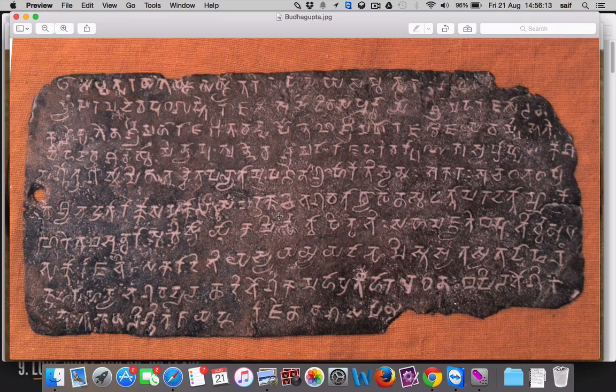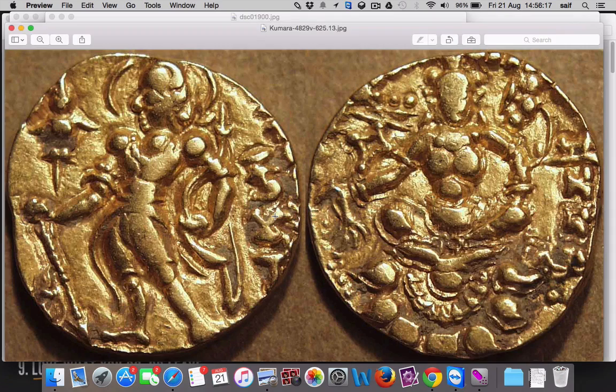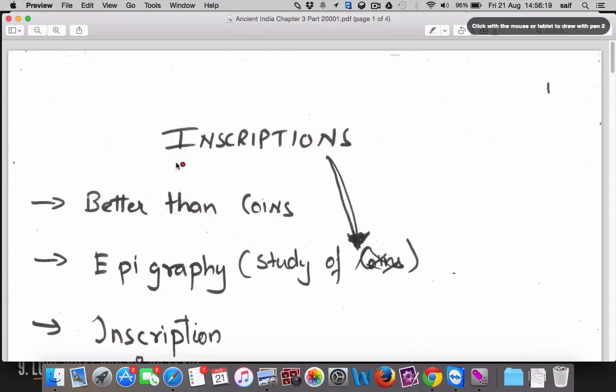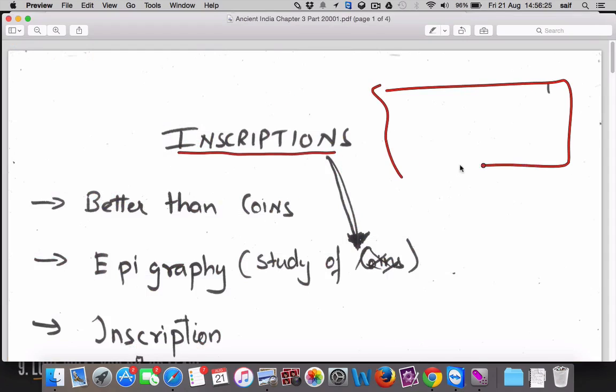So let's start with it. Inscriptions. Okay, what are inscriptions? Just now I showed how they are written on that sheet of data.